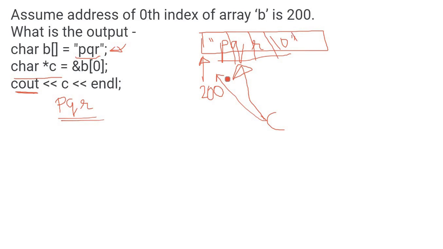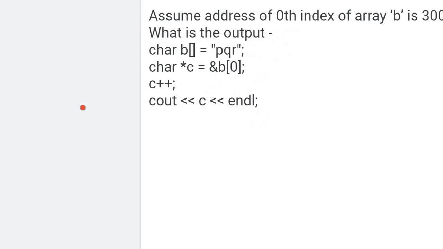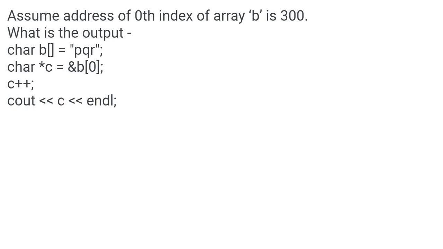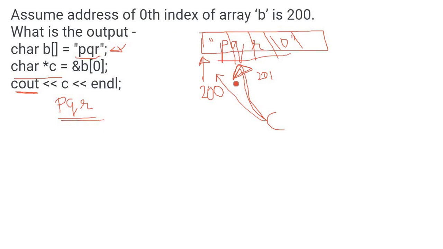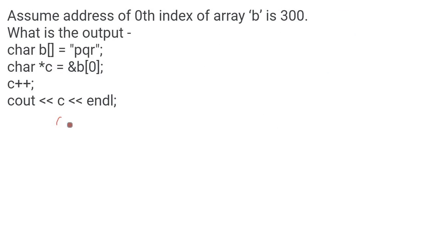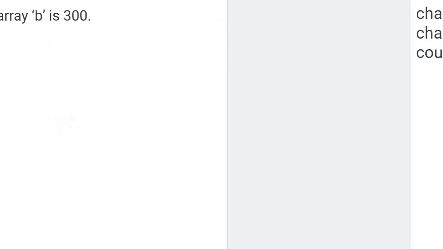Since characters are each 1 byte, if initially it was pointing at 200, after incrementing it will start pointing at 201. Thus if we do cout C now, it will start printing from Q onwards until it reaches \0. So the output will be QR.